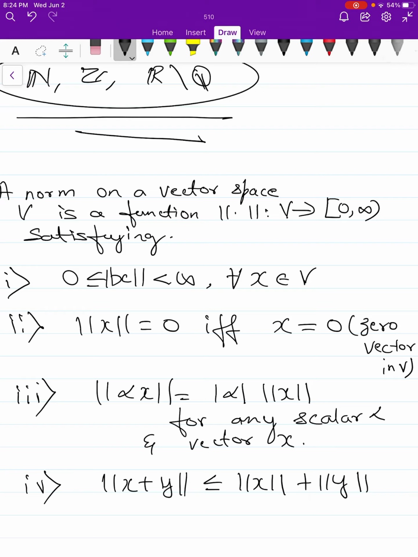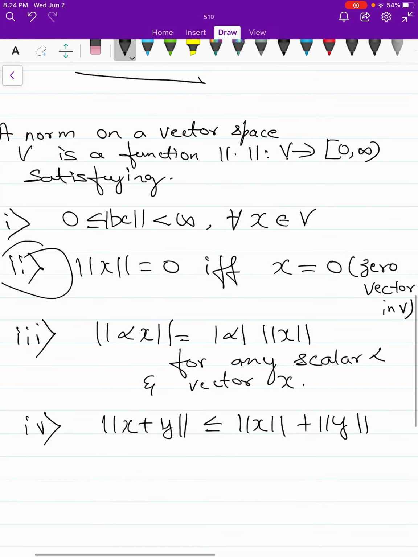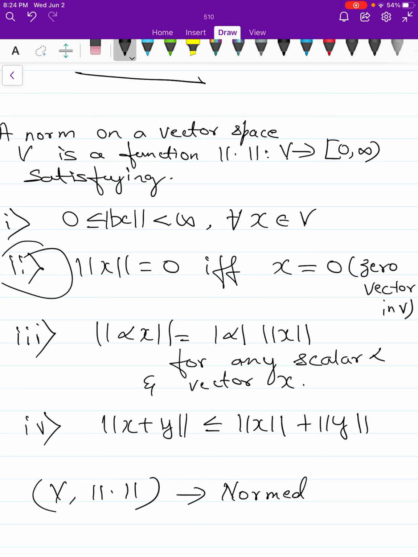Again, if a function satisfies all the four properties except the second property, it is called a pseudonorm on V, same as for a metric. V along with the specific norm is called a normed vector space, or a normed linear space.